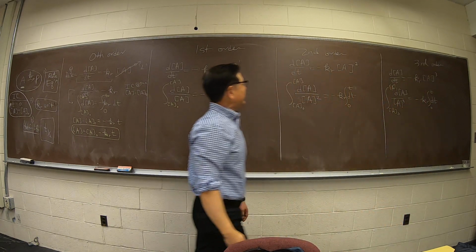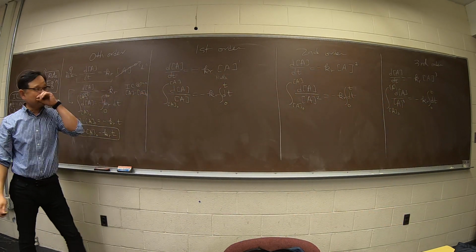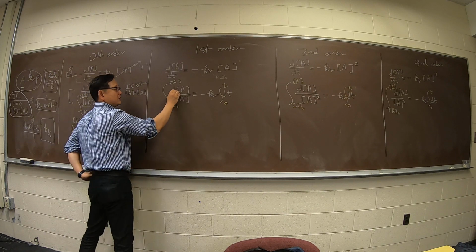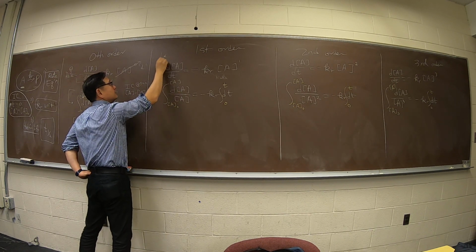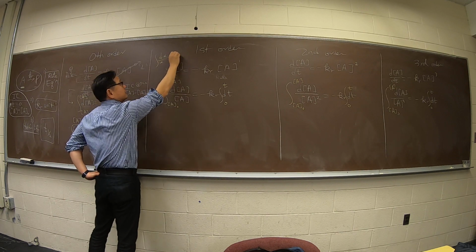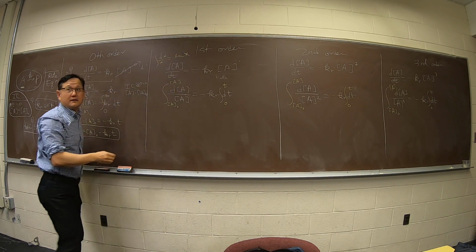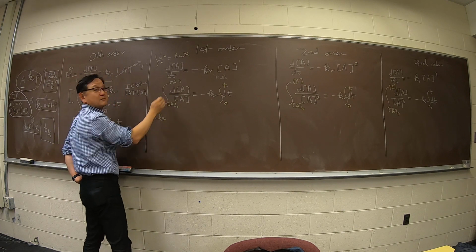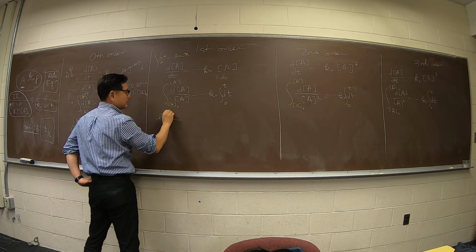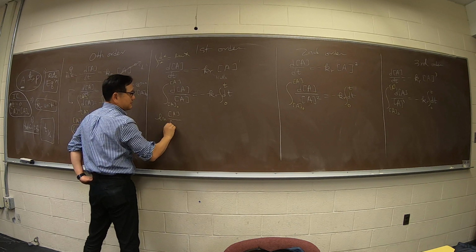So this is the same parallel, and this one is handled a little differently because remember what this is? dx over x integration. That's ln x, right? So this one is essentially a natural log. We have seen this form a lot, and so that's A divided by A naught.